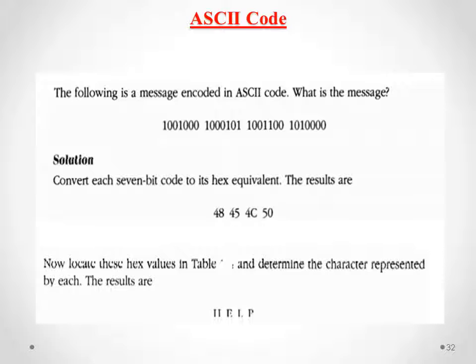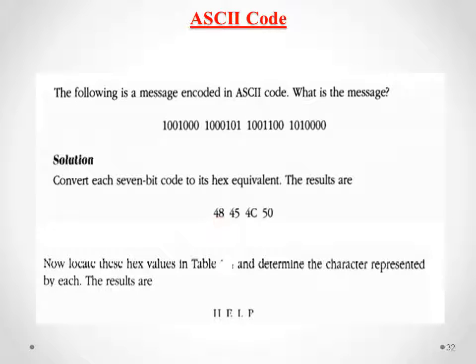Now let's see how ASCII code is used. This is a 7-bit ASCII code. This 7-bit ASCII code is equivalent to 48. Next codes are 45, 4C, 4C, 50. Now these are hex values.